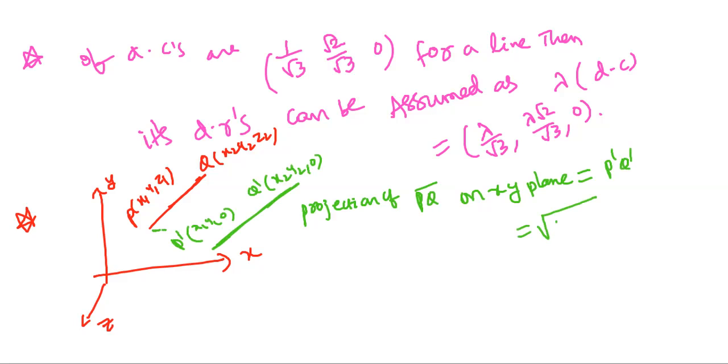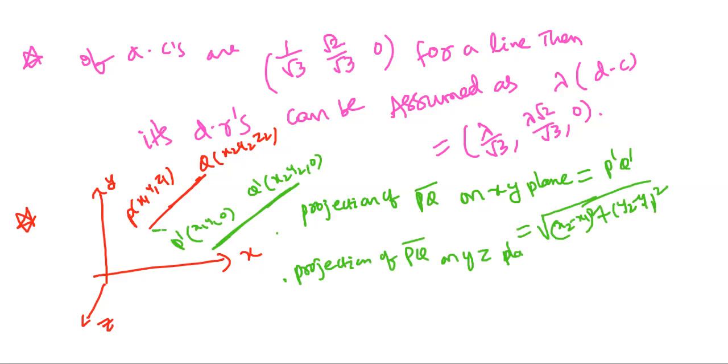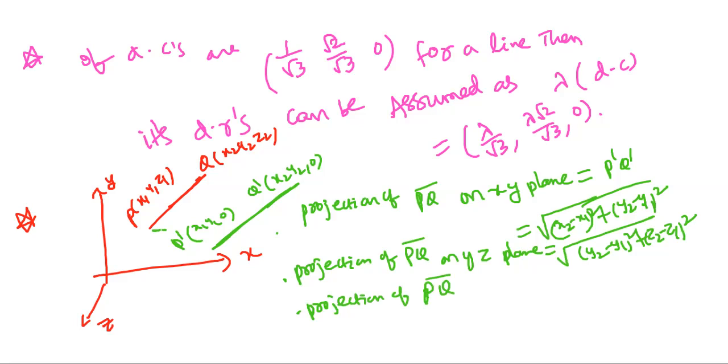In which case it is nothing but root over x2 minus x1 whole square plus y2 minus y1 whole square. Similarly, the projection of PQ on the YZ plane is root over y2 minus y1 whole square plus z2 minus z1 whole square. The projection of PQ on the XZ plane is root over x2 minus x1 whole square plus z2 minus z1 whole square.